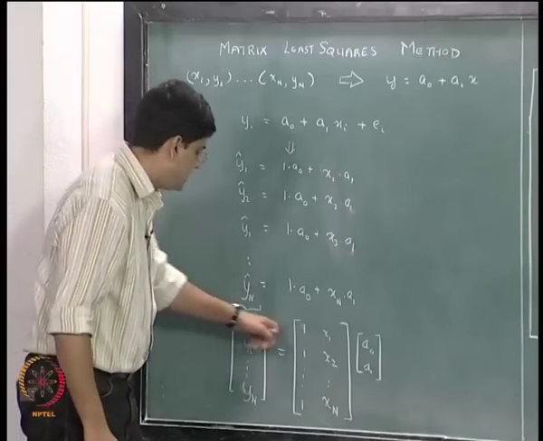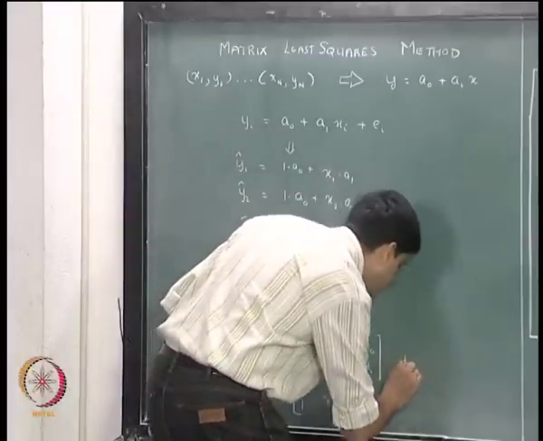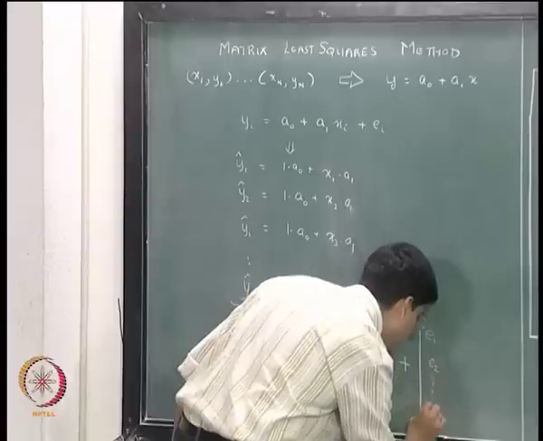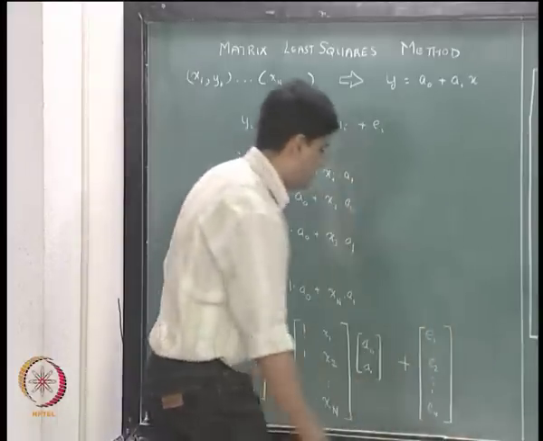So y hat is equal to this, y is going to be equal to this plus the error terms e1, e2 and so on up to en, okay.